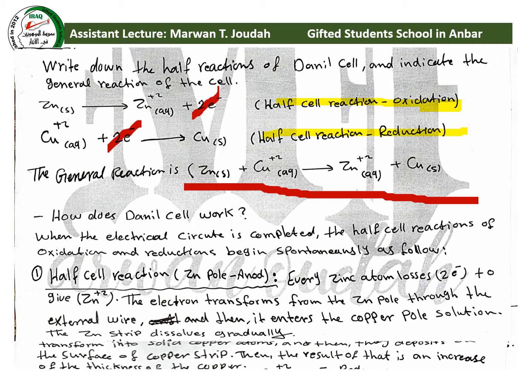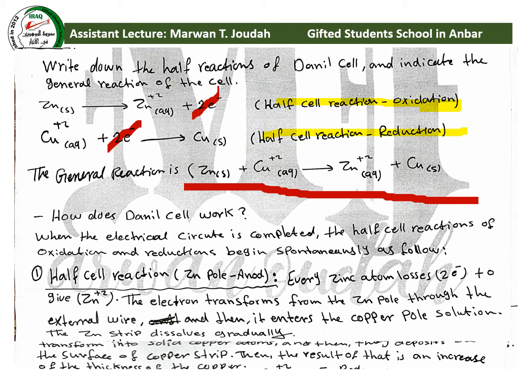The process: when the electrical circuit is complete, the half cell reactions of oxidation and reduction begin spontaneously, as follows. First, the half cell reaction at the Zn pole, the anode, the first equation. Every zinc atom loses 2 electrons, as we mentioned, to give Zn plus 2. The electrons transfer from the Zn pole through the external wire and then enter the copper pole solution.